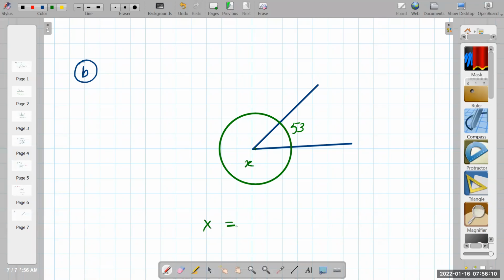X will be equal to the answer, 307 degrees.